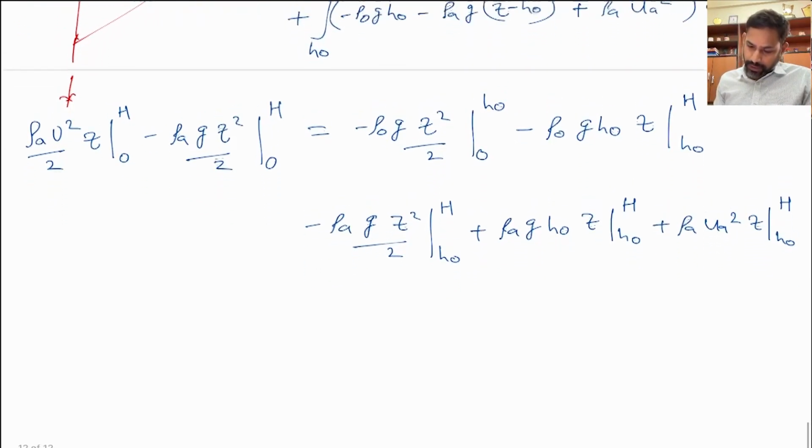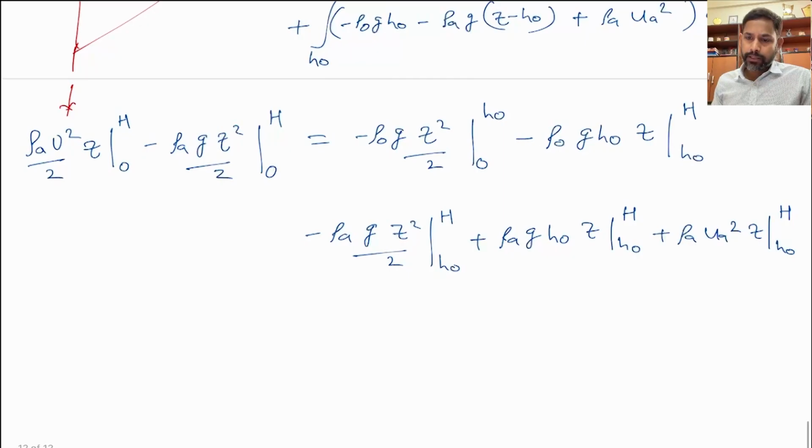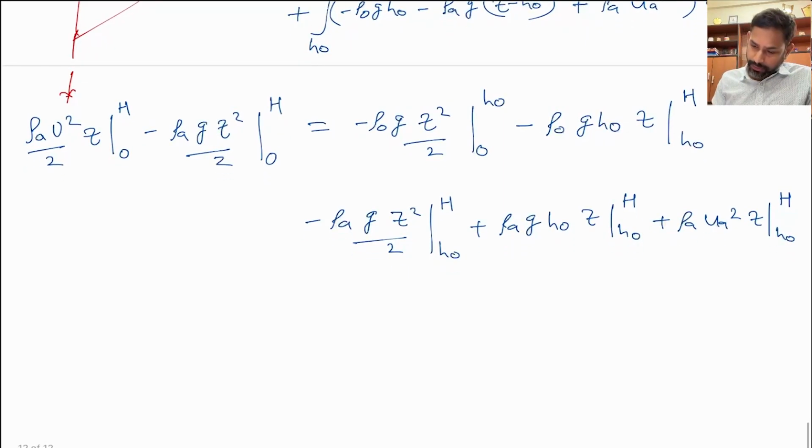which we have got, and now we are going to put the value of capital H in 0 one by one on all these terms.